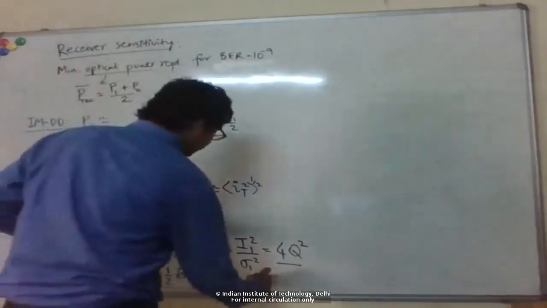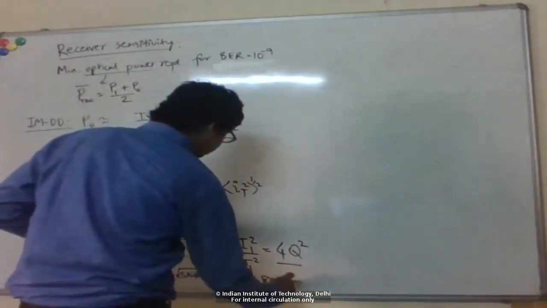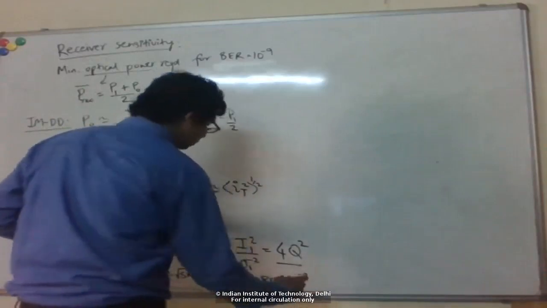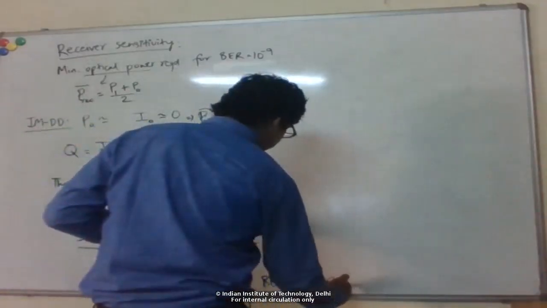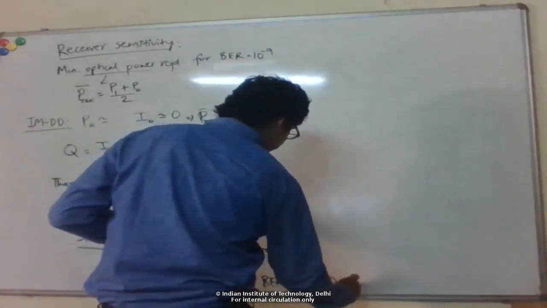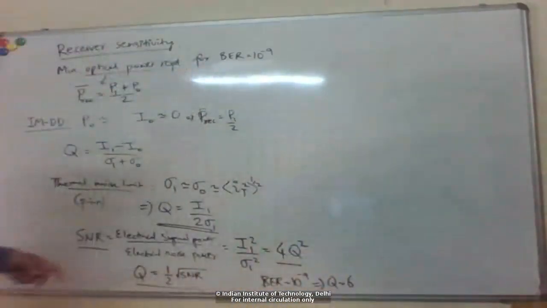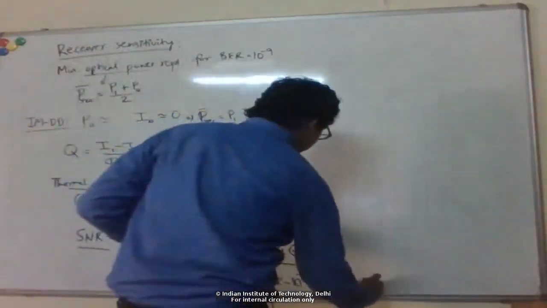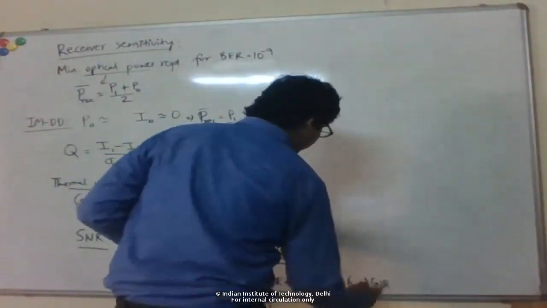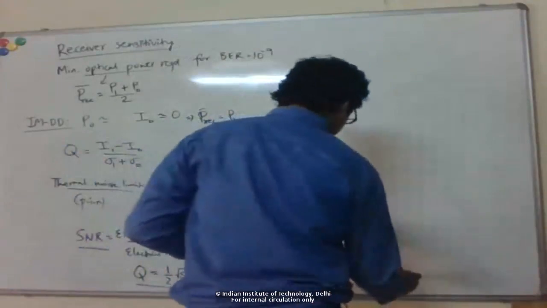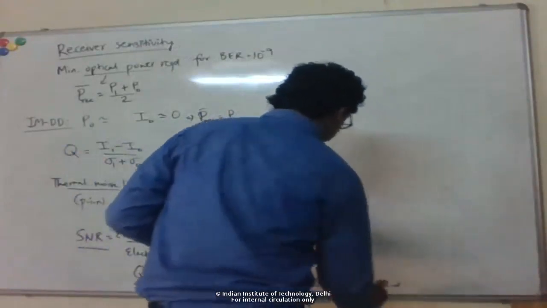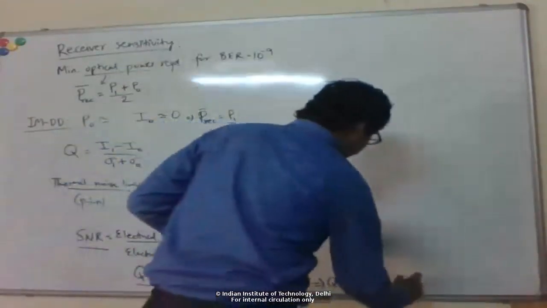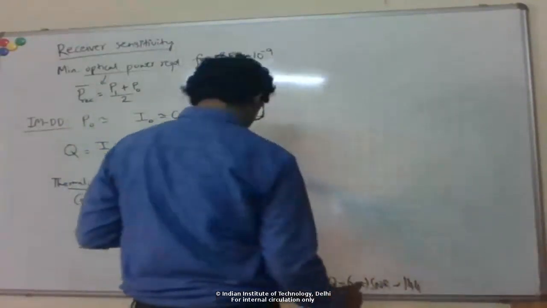For example, if you need a bit error rate of 10 to the minus 9, we saw that implies a Q of 6. From there, putting Q as 6, that corresponds to an electrical SNR that we need from the photoreceiver of 144.